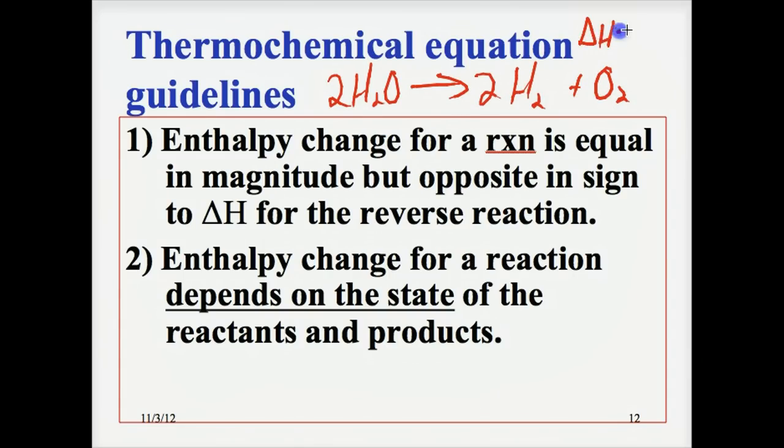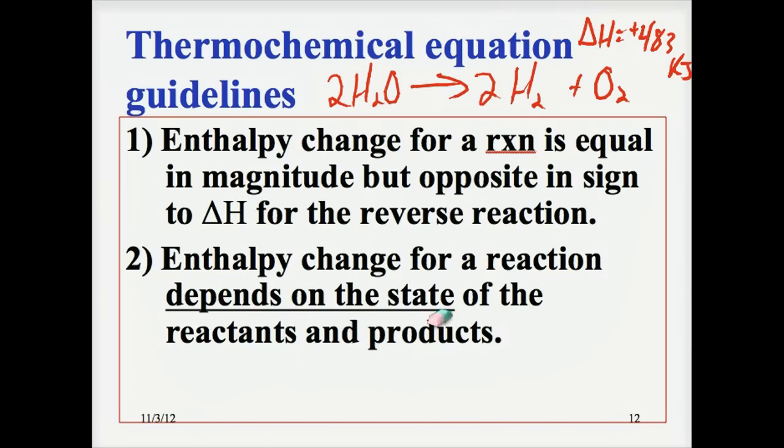I know that this delta H is a positive 483 kilojoules. How do I know that? Well, I remember in the last slide it was negative 483 kilojoules, an exothermic reaction. So the reverse would be the same amplitude. It would just be positive, or endothermic, instead. And it should make sense that it would have to absorb energy in order to break down my water into its parts.